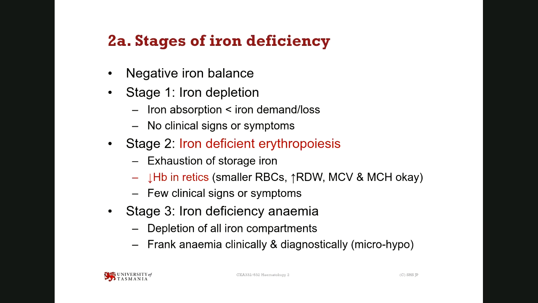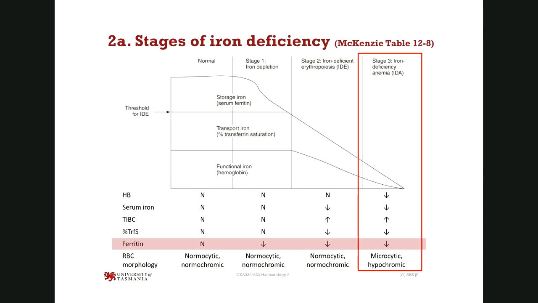So one thing that you need to understand is that there are actual stages of iron deficiency. So iron deficiency doesn't suddenly happen. It usually happens over a period of time, usually weeks to months. And I'm going to go straight on to the next slide because I really like the way the graphic works on this slide.